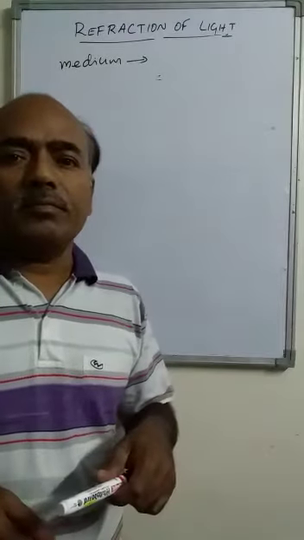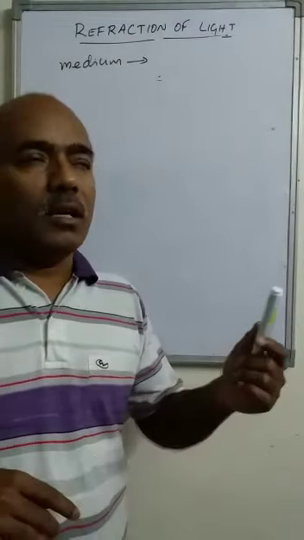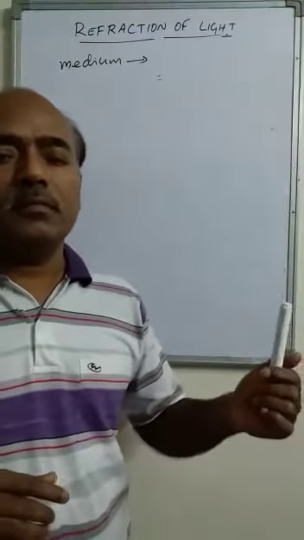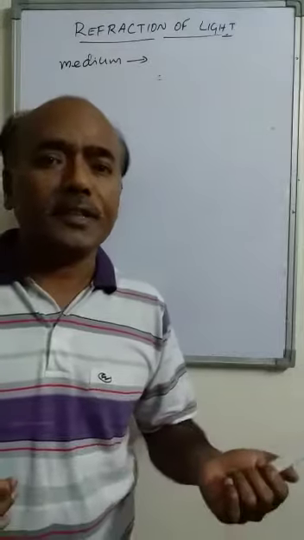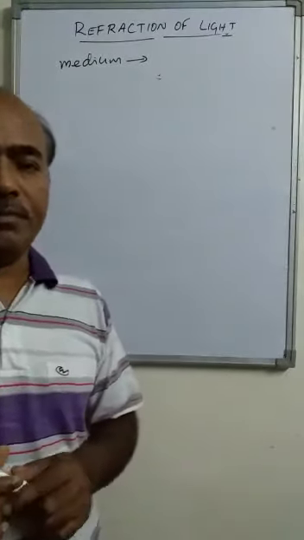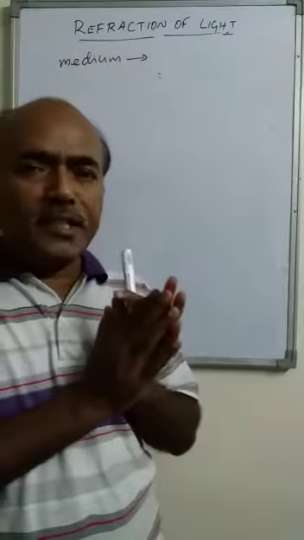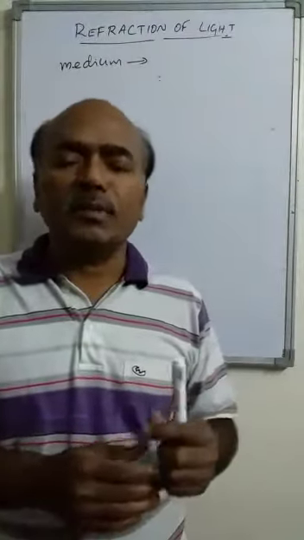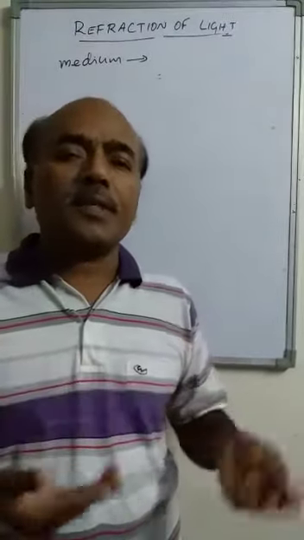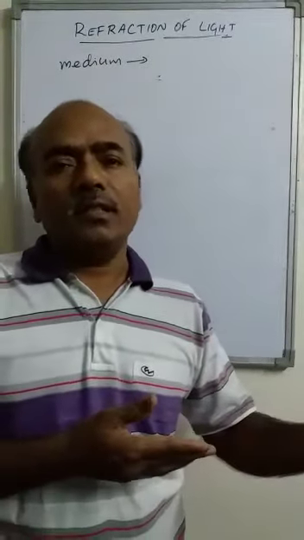In this room, the light is traveling from the bulb to every other point through air. So, air is the medium. If we see anything through water, water is the medium. Like this, any substance through which light travels is known as a medium.